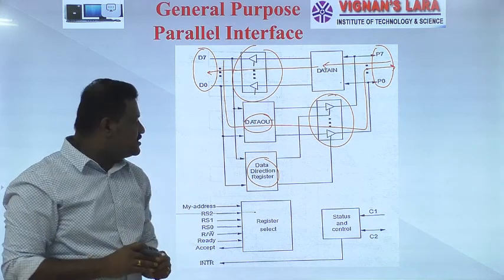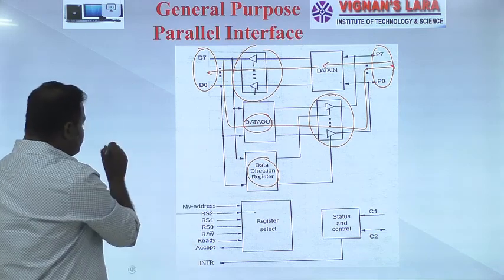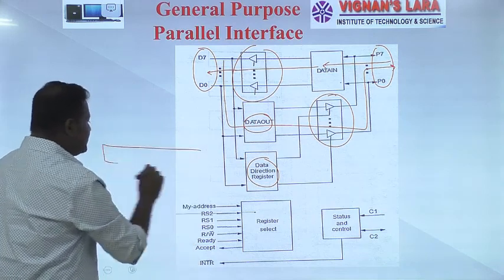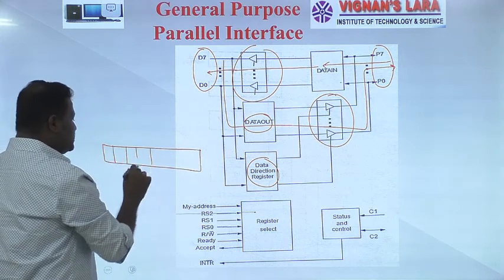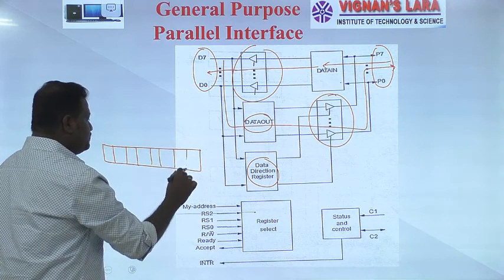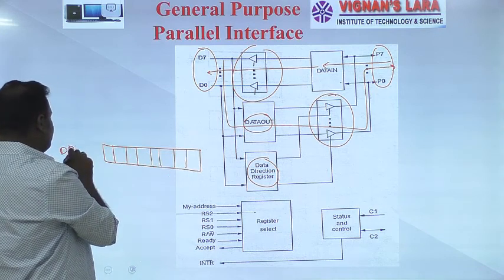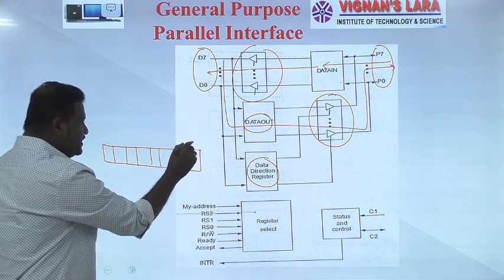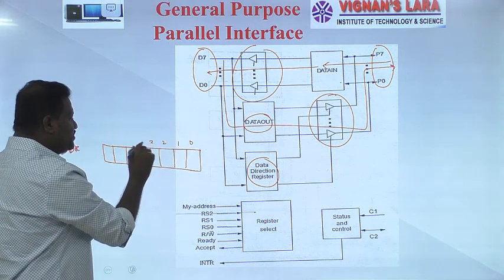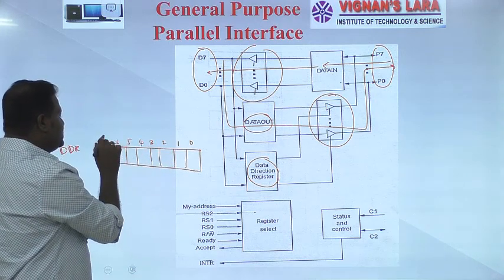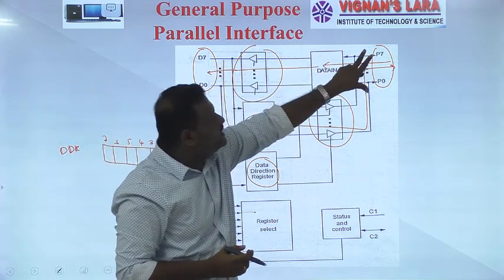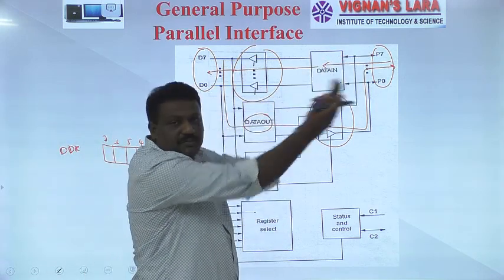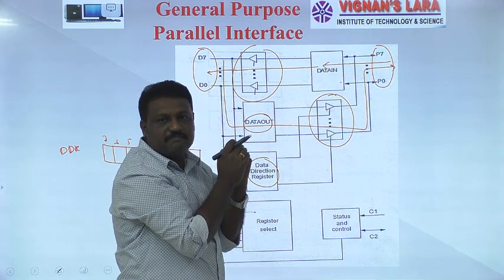Let me assume, friends, that this data direction register is like this. It is an 8-bit register. So the bits are like this. This is your DDR. This is bit 0, bit 1, bit 2, bit 3, bit 4, bit 5, bit 6, bit 7. I want to use these lines as input lines. That means I collect something from an input device.